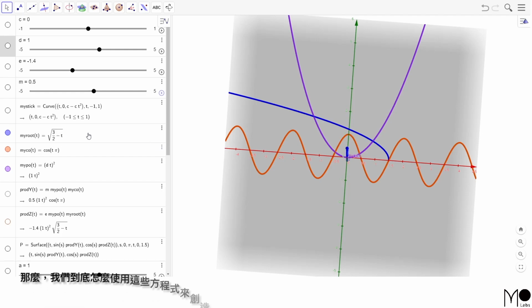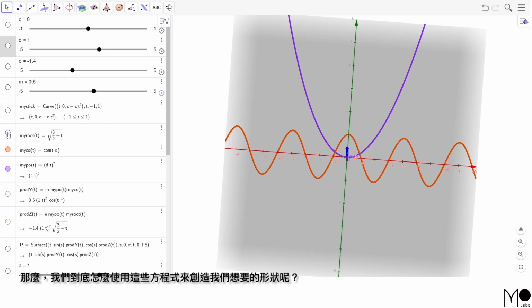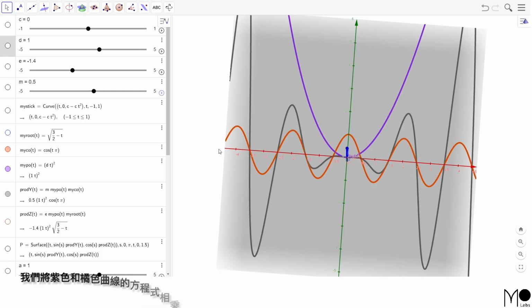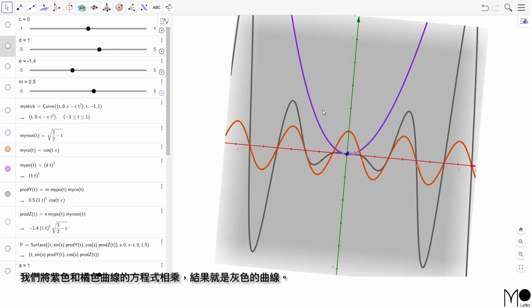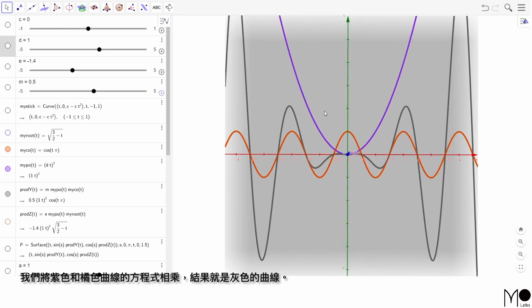So how can we use this now to create the shapes we want? I will explain now how this works. What I'm doing actually is taking the product of two of them.